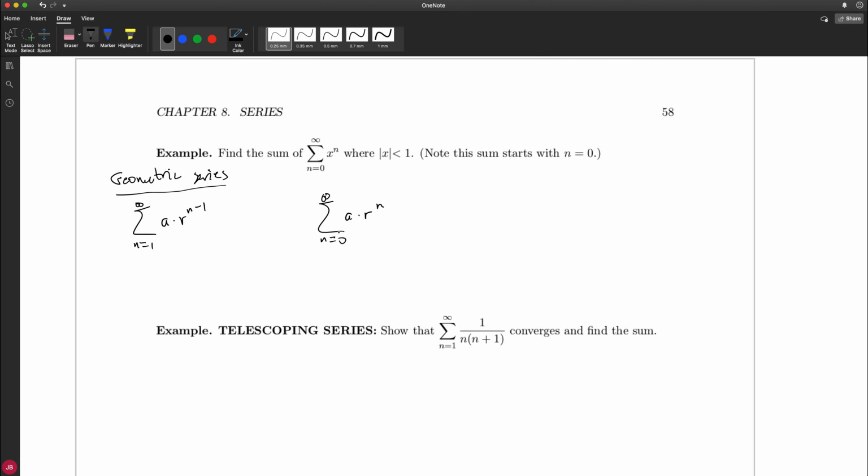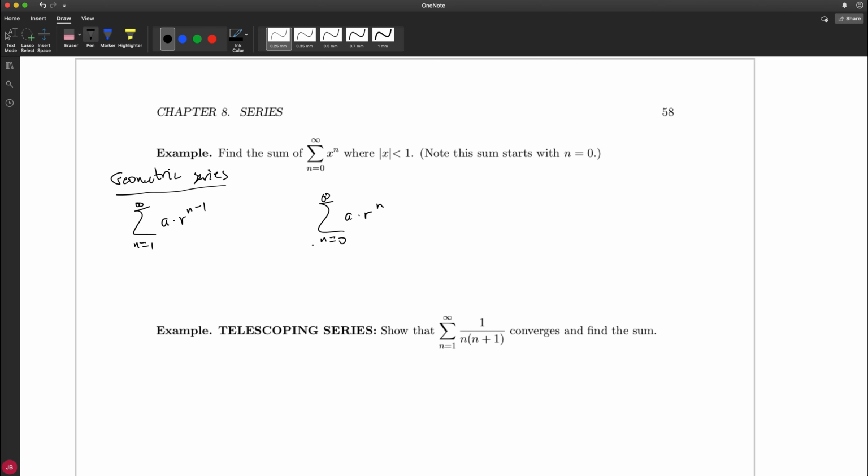And so you could have done all the problems on the previous page by finding an expression starting with n equals 0 and leaving the power as just n. But I typically prefer to teach it this way and then just add this on as an addendum.